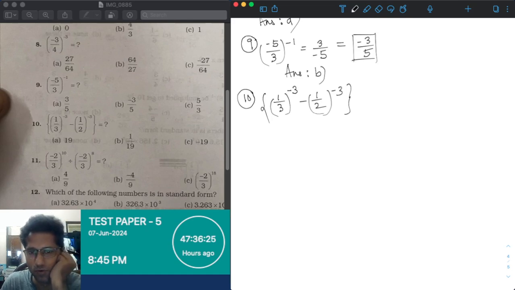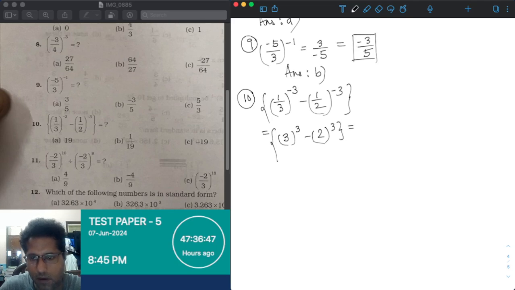Now we know that if the power is a negative integer, it will be the reciprocal. So this is nothing but the reciprocal of 1 by 3, that is 3 raised to the power 3, minus half raised to the power minus 3 means the reciprocal of 1 by 2, that is 2 raised to the power 3.